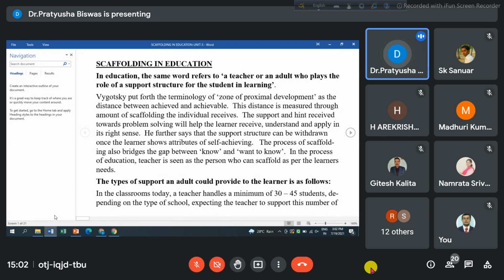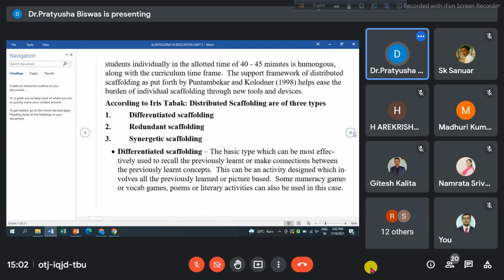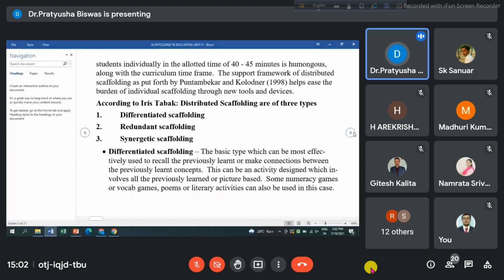Now, the types of support an adult could provide to the learners. In nowadays classrooms, we handle close to 35 to 40 students, sometimes 45 also. But depending upon the infrastructure and also the pressure of finishing the curriculum and syllabus on time, we sometimes take a back seat in terms of catering to the needs of the individual child.